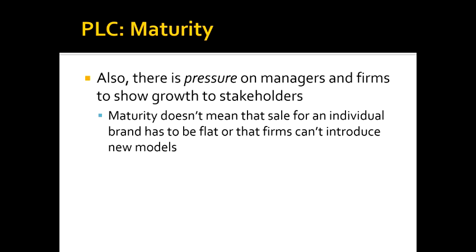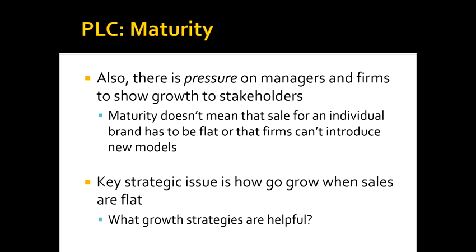It doesn't mean that one brand can't do really well and one brand can't do poorly. They're not all equal. It's just that when you do the product life cycle, you have a collection of the strong brands and the weaker brands. So you can still increase your sales during maturity. And there's a lot of pressure on companies to do that.